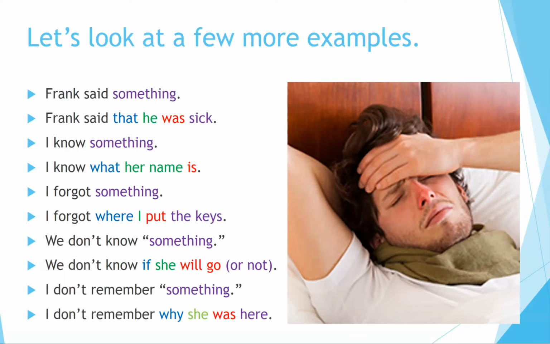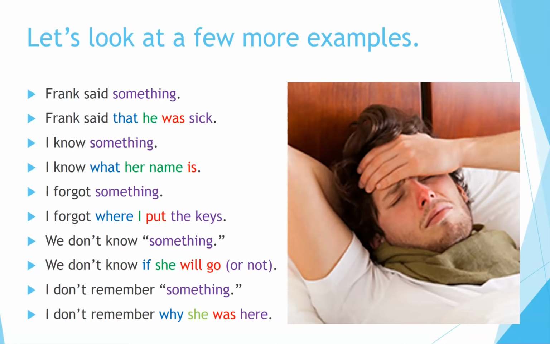I know what her name is. Extra word, what, her name, subject, is verb. I forgot something. I forgot where I put the keys. Start with the extra word, where, subject, I, verb, put. The keys, in this case, is an object of the noun clause.